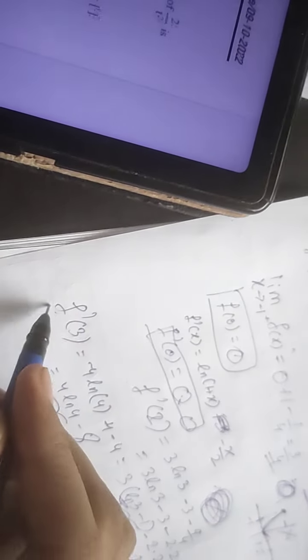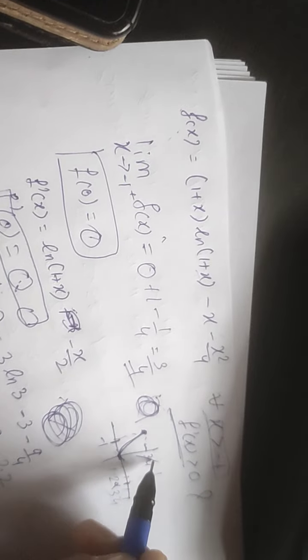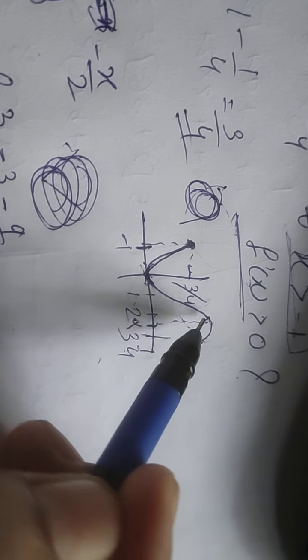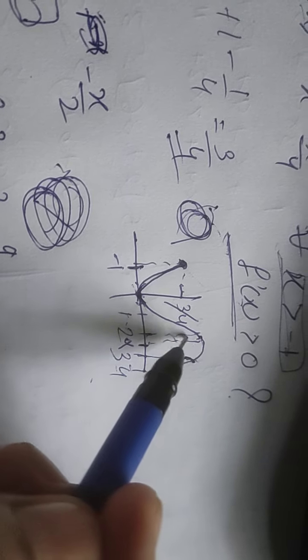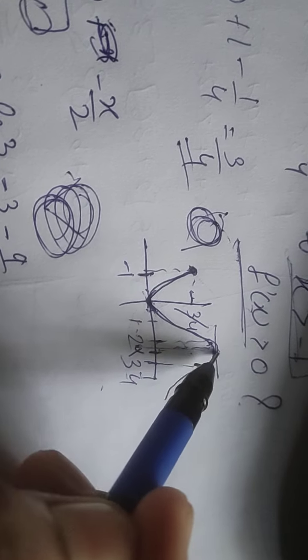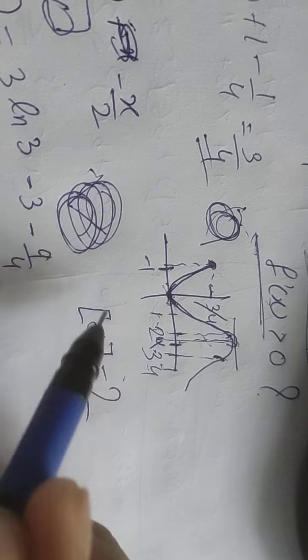As you can see f dash 3 is negative, f dash 2 is positive, thus somewhere between 2 and 3 must lie alpha, where it is increasing. I would just hold it here, and it would be decreasing here. Here d by dx is negative, and here it is positive. Somewhere around alpha it must be changing, so increasing would be 0 to alpha. Since alpha lies between 2 and 3, the GIF of alpha would become 2.